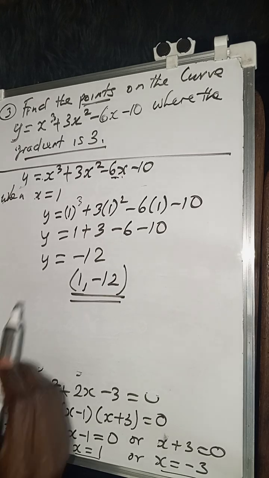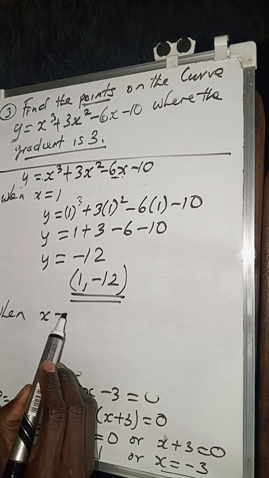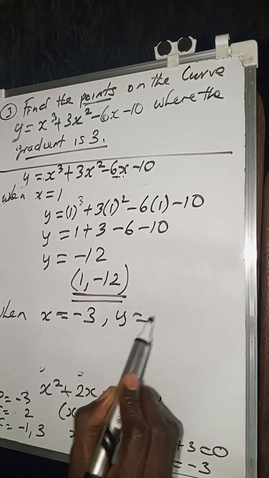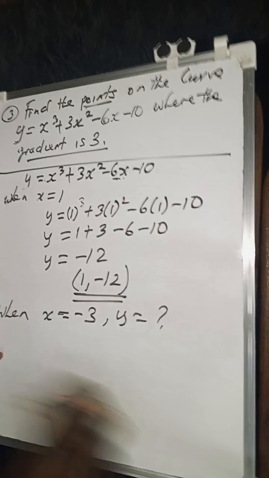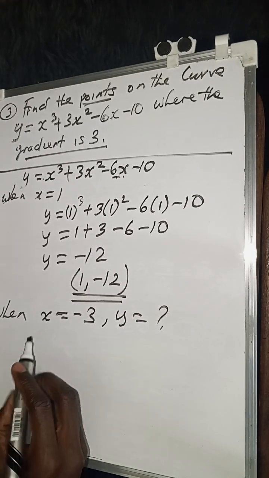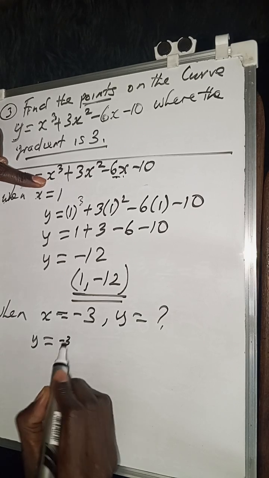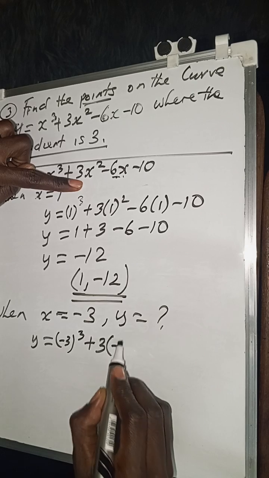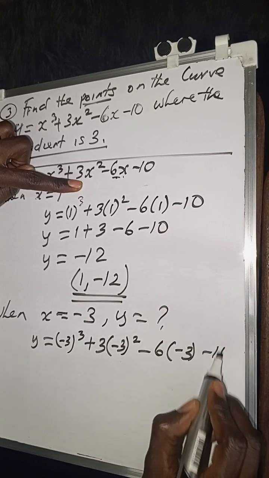That's what we mean. So you also do the same. You take the other value, when x is equal to negative 3. What will be the value of y by replacing into the original expression there? So how is that going to be? Well, it is going to be y is equal to negative 3 raised to the power 3 plus 3 times negative 3 raised to the power 2 minus 6 times negative 3 minus 10 there.